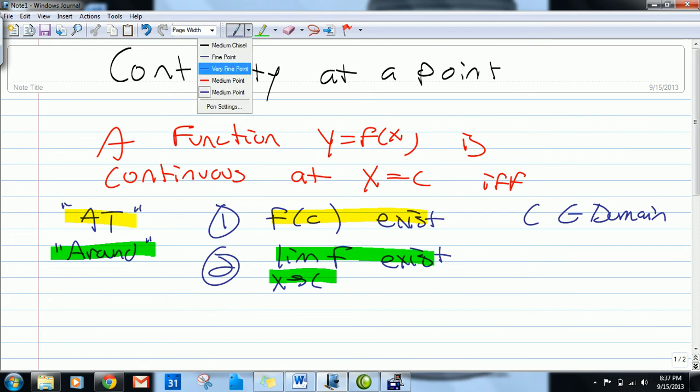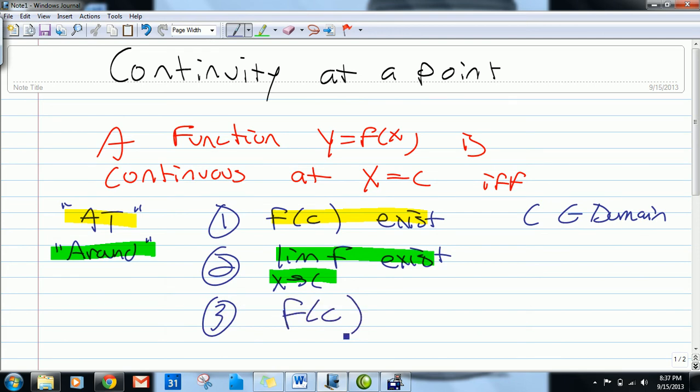And this wraps it all up, ties it up in a nice bow. The function at c has to be equal to the limit as x is approaching c, which means the behavior of the function around that particular point, c, has to be the same as, or consistent with, the behavior of the function at c.